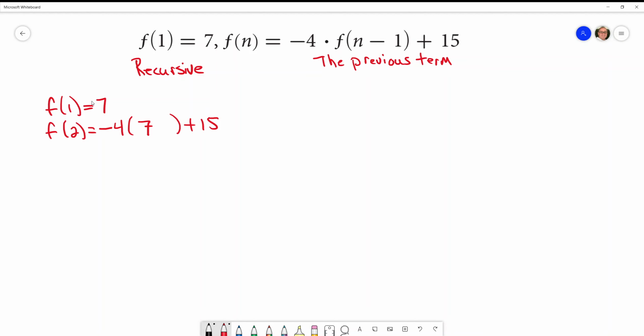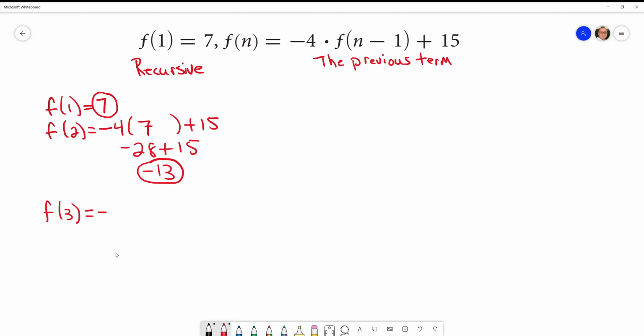And now we multiply. -4 times 7, that is -28. And -28 plus 15, that's -13. So that is our second term is -13. And our first term was 7. So now let's go ahead and find the third term, f of 3. And again, I'm going to write this here, leaving the parentheses blank.